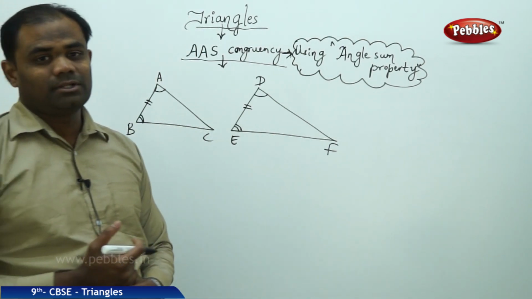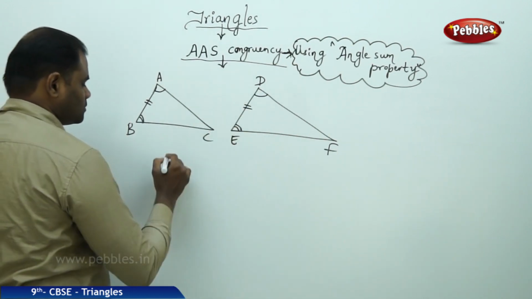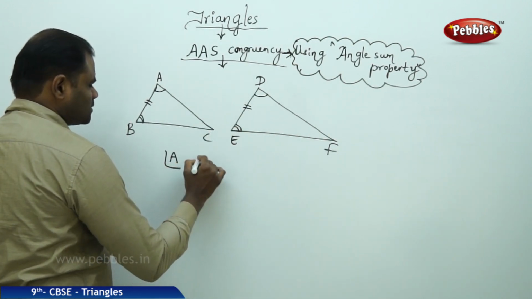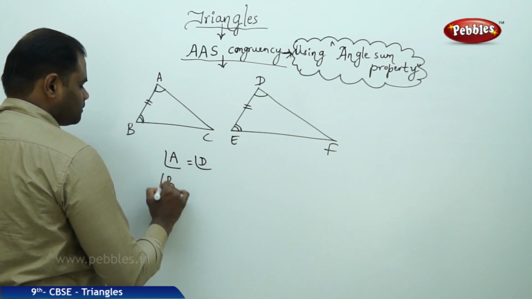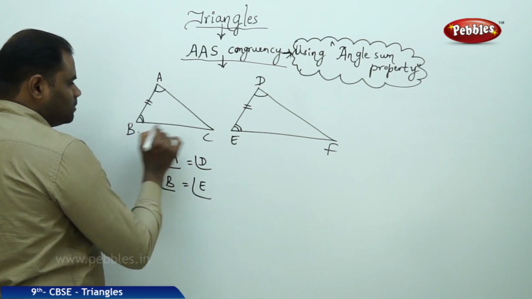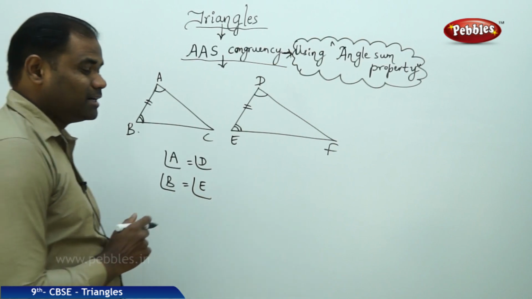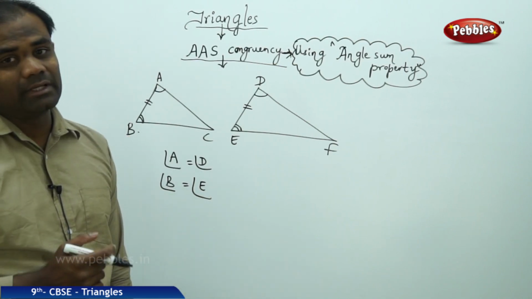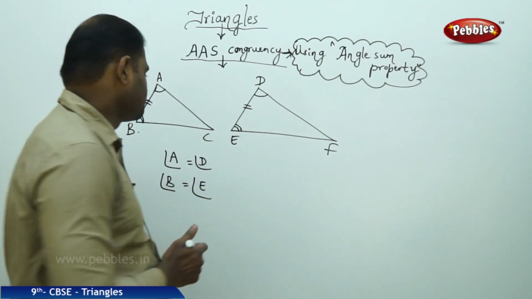But when I extend the property, because angle A equals angle D and angle B equals angle E, let's see what exactly we can get from the properties.